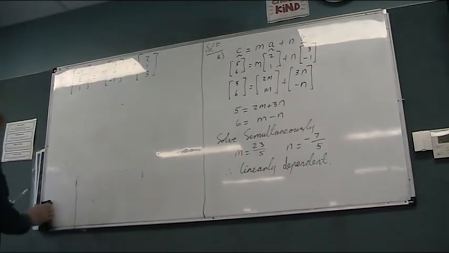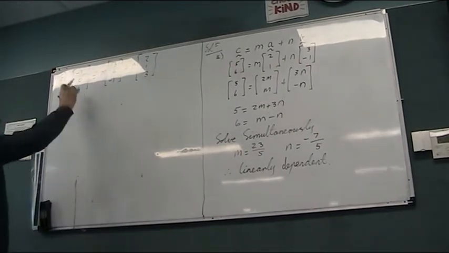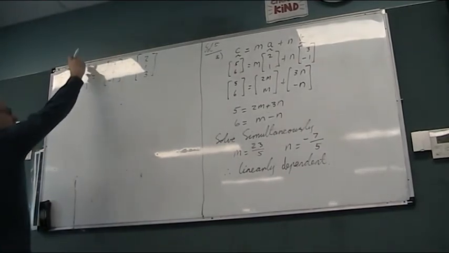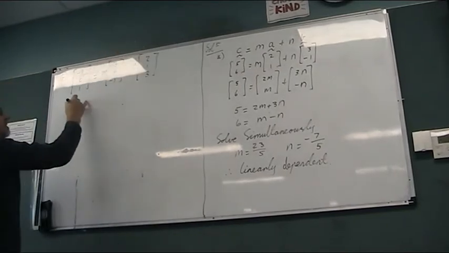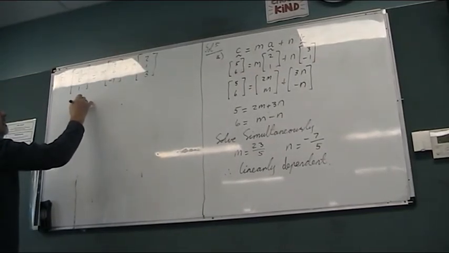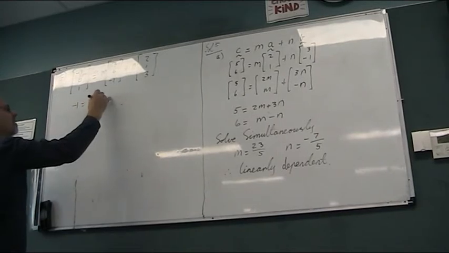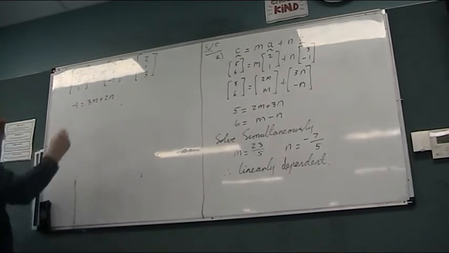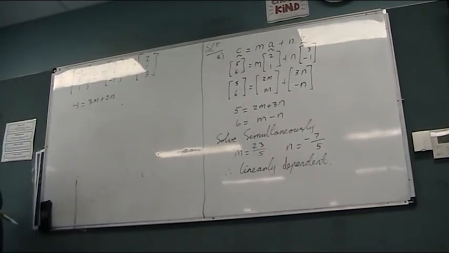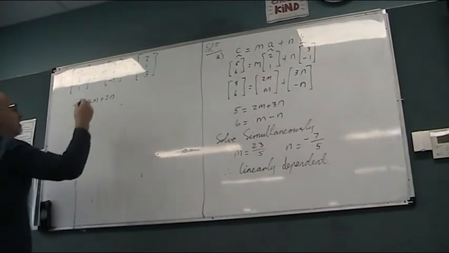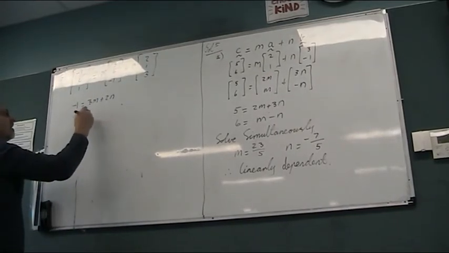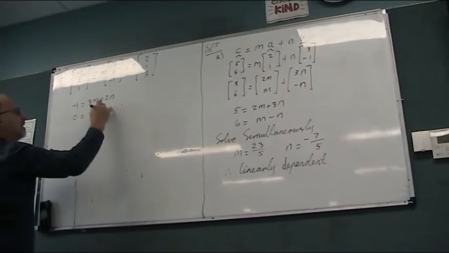So this time, we'll get 3 equations. Negative 1 has got to equal 3m plus 2n, that's the first row. The second row, 0 has got to equal 4m plus n.